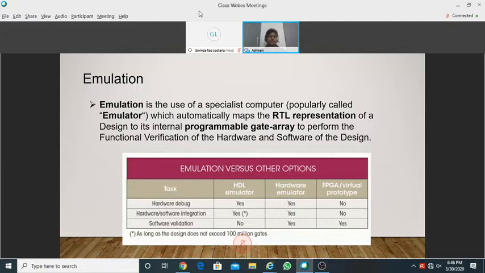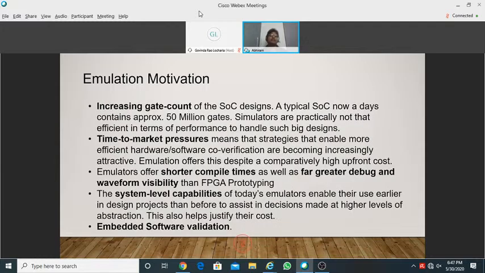As I said, the motivation for an emulator is the increasing complexity of the chips. We need to know whether the simulators are really simulating properly, or whether there are assumptions masking the real bugs. That is where we need emulation, and also because of time to market pressures.